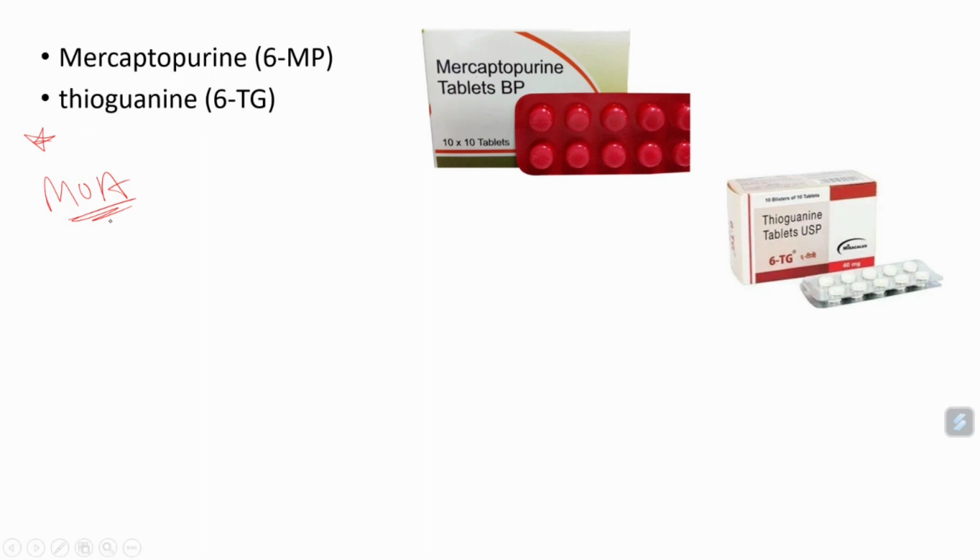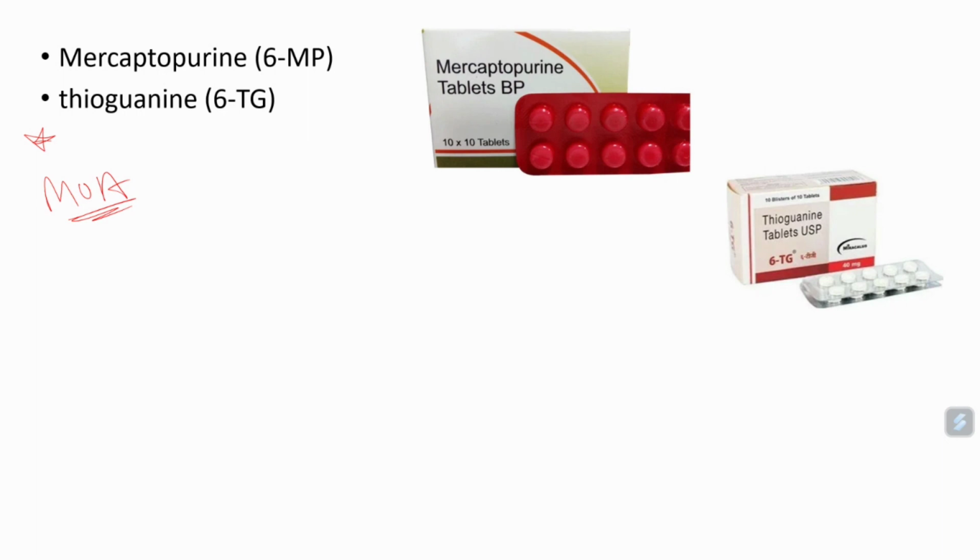What do these drugs do when they are given to the patient? When they are administered either through the oral route, or they are available in IV form also, once they enter the body, what happens? In the body, these compounds are converted. They are activated. They undergo many conversions.